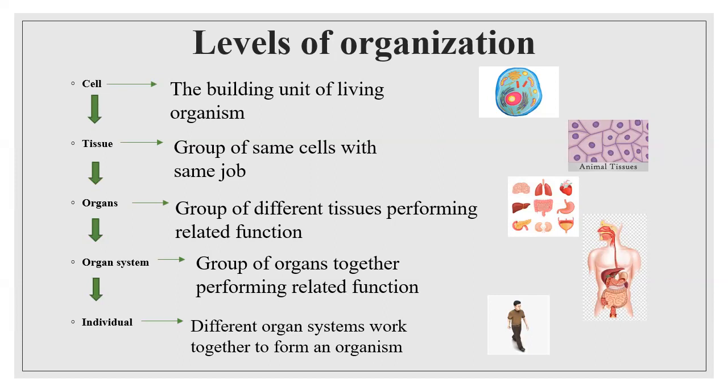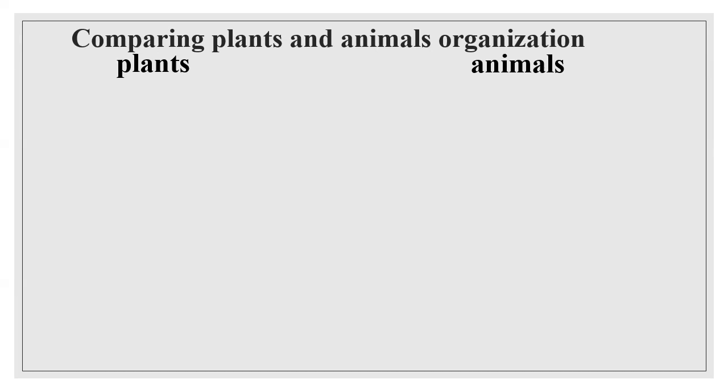So we can define an individual or an organism as different organ systems working together. Now let us compare plant and animal organization side by side.